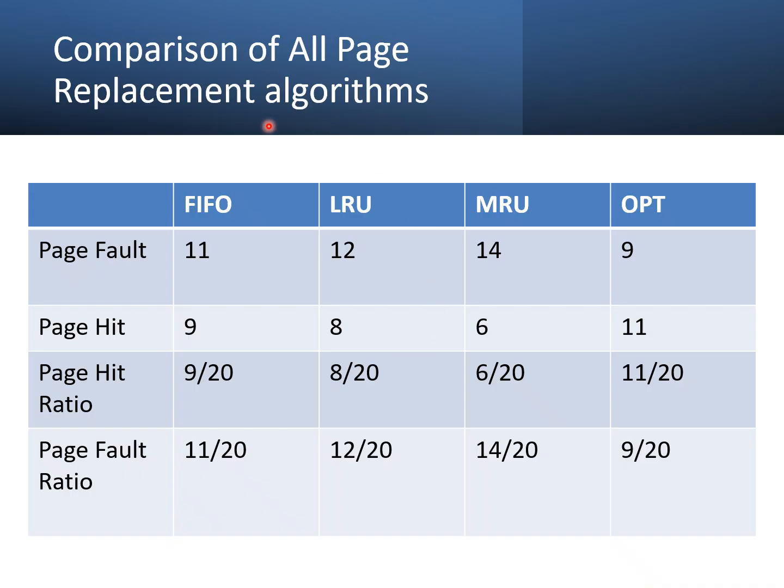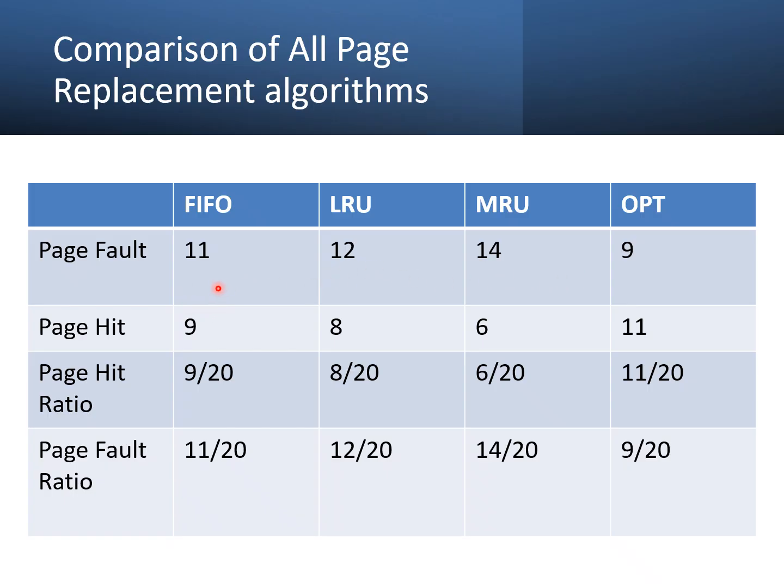Next we have a comparison of all page replacement algorithms. The same reference string we have taken, and I have solved it in my previous lecture videos: FIFO with the same reference string, LRU, and MRU, and the number of page frames is 3.